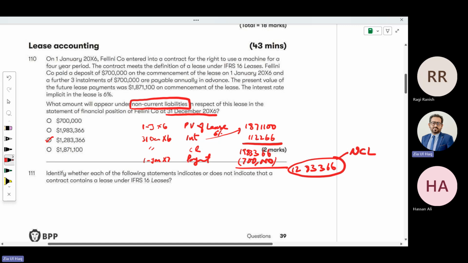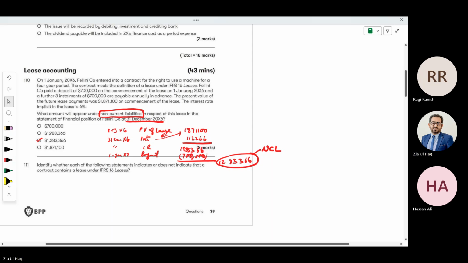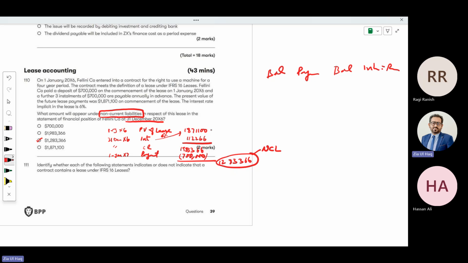And they have asked for non-current liability. The first payment was already done. And if we make that chart: balance, payment, balance, interest, remaining. In this, 1871100 is given after the payment here.